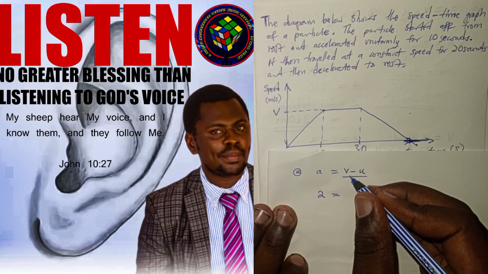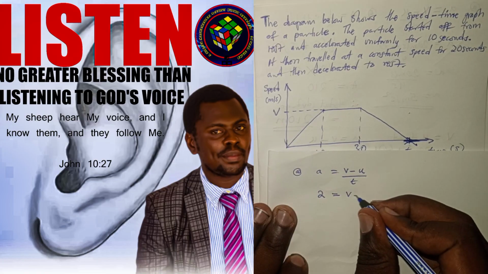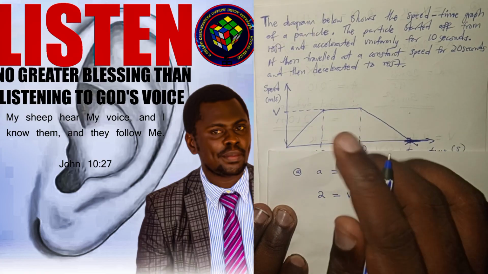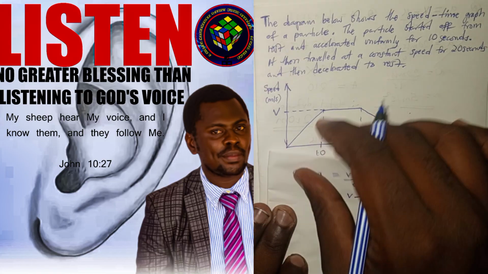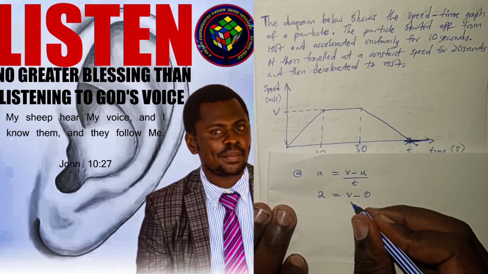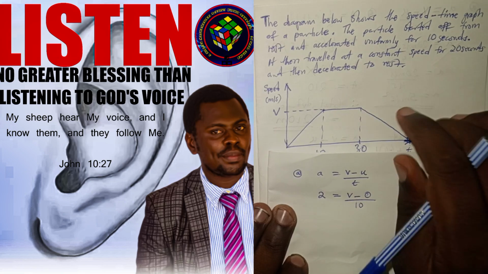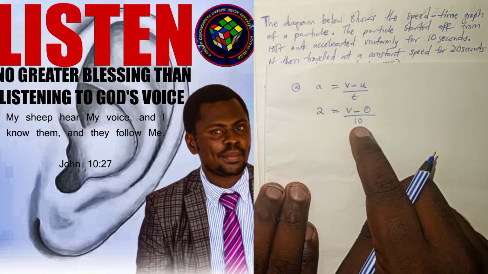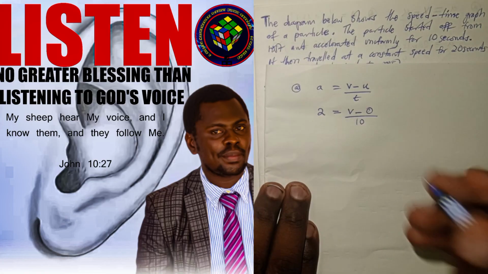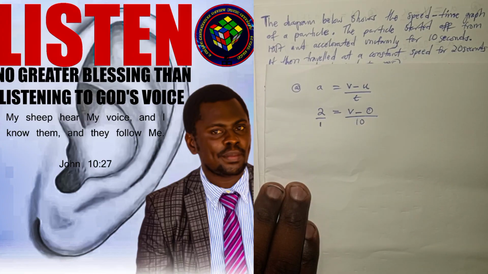v, that is final velocity. Even here final velocity is v, so you say v minus initial velocity. It started from rest, that is 0, so minus 0 over time taken, which is 10. So here we can see that we have a fraction this side, so even here should be a fraction, so you say over 1.